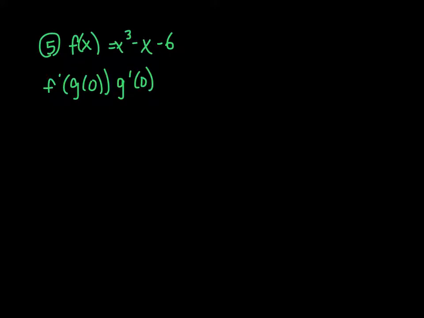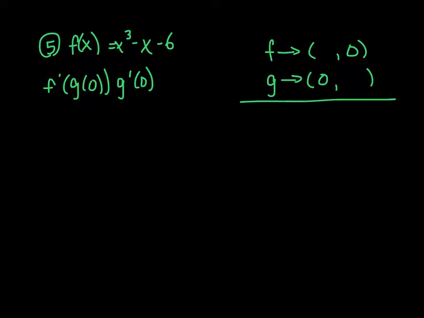Remember, f and g are inverses. They gave us that g's x value is 0, which means f's y value would have to be 0. All we have, though, is the f equation, so we can do x cubed minus x minus 6, and we know its y value is 0.